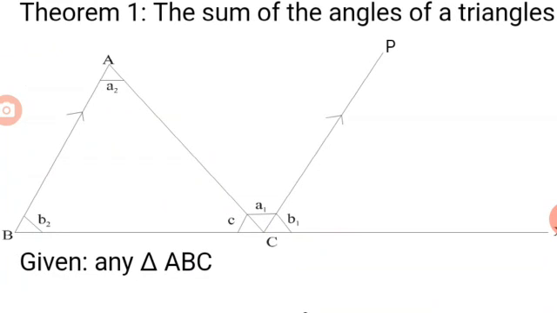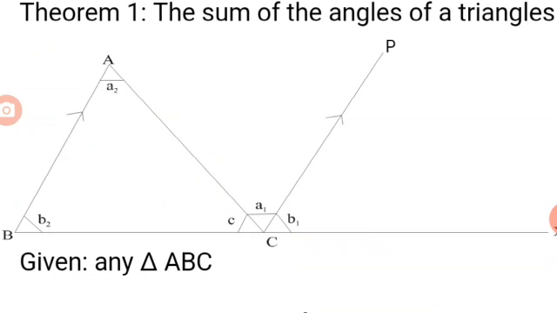We can see line AB. We can see an arrow there, and line CP. We can also see an arrow there. So that arrow shows that AB and CP are parallel. When we have two parallel lines, it means that those lines can never meet.